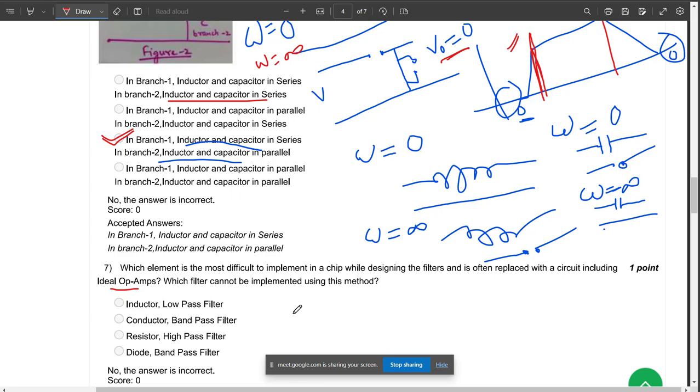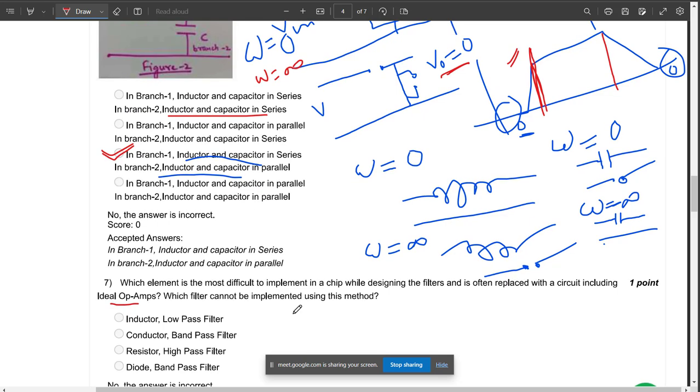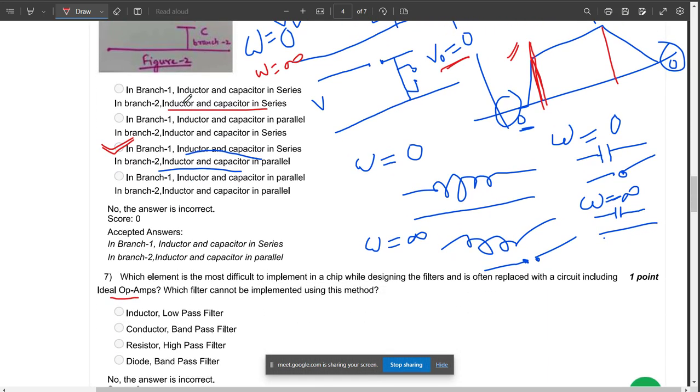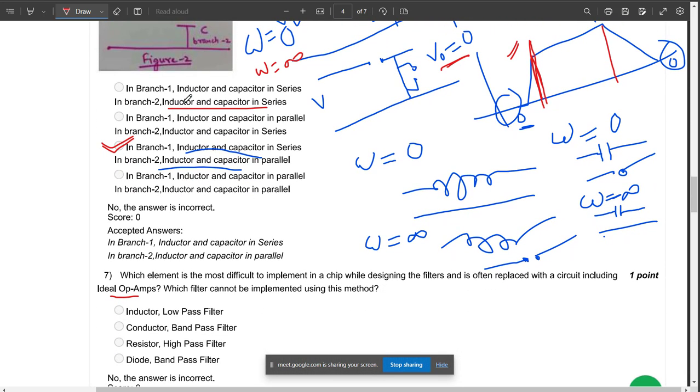Okay, yes, this is the correct explanation. So the inductor here is not grounded, right? In other types of circuits, inductors are grounded, which makes the filter easier to implement.